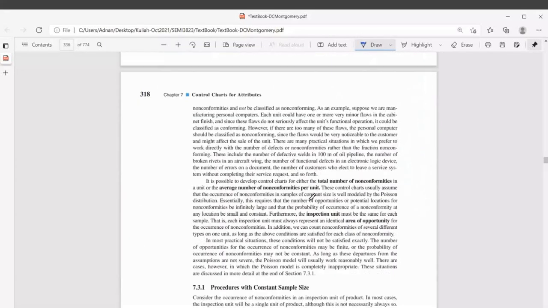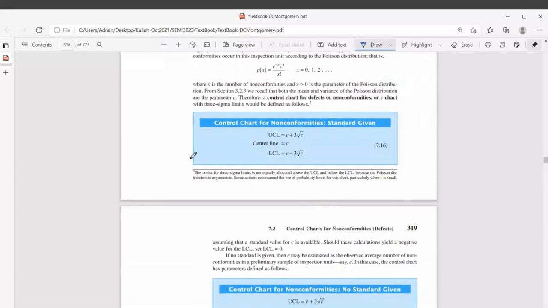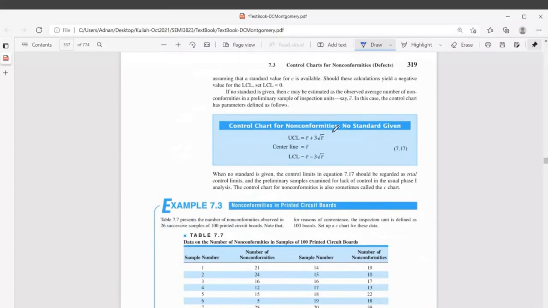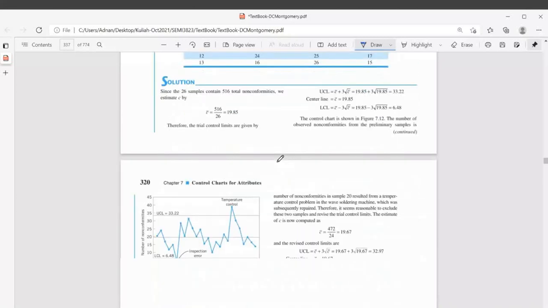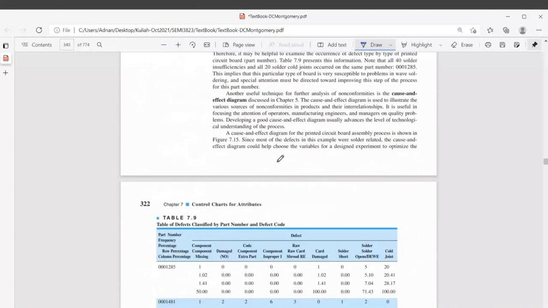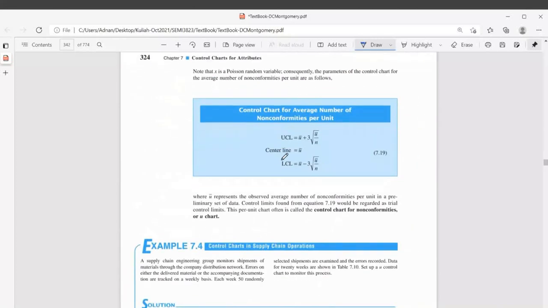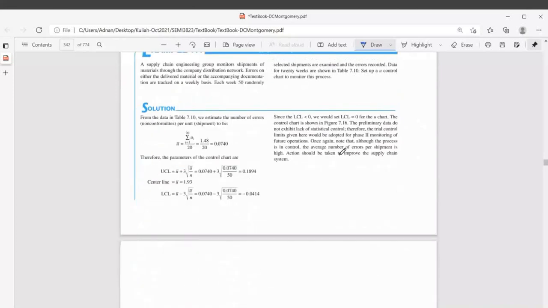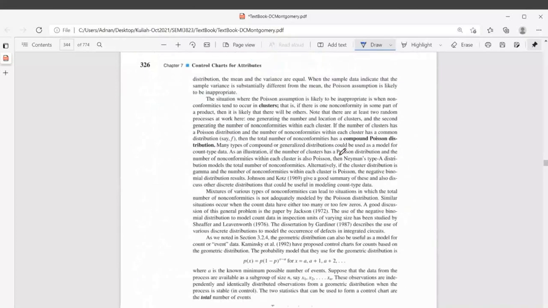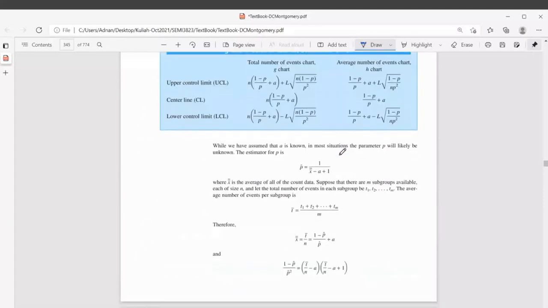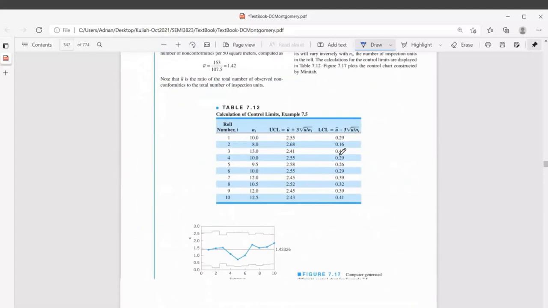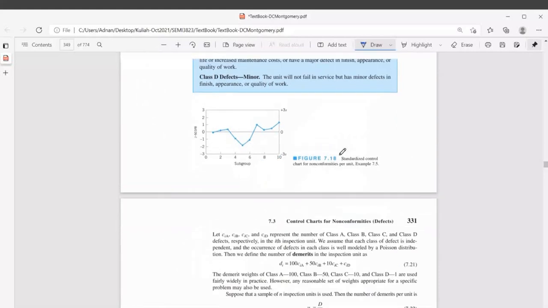I think it's not in this order, but anyway, there is the demerit chart. Also, yes, the C chart is here, very simple. Again the C chart, and we have the U chart, also very simple. If you can understand variable, the attribute will be simple. And these are demerit.